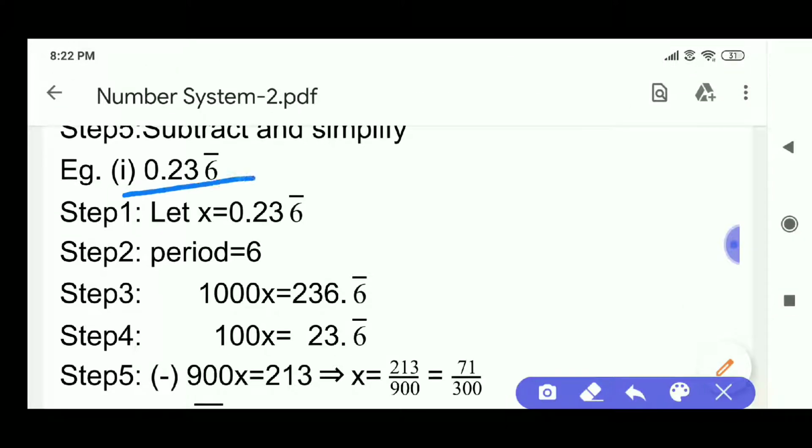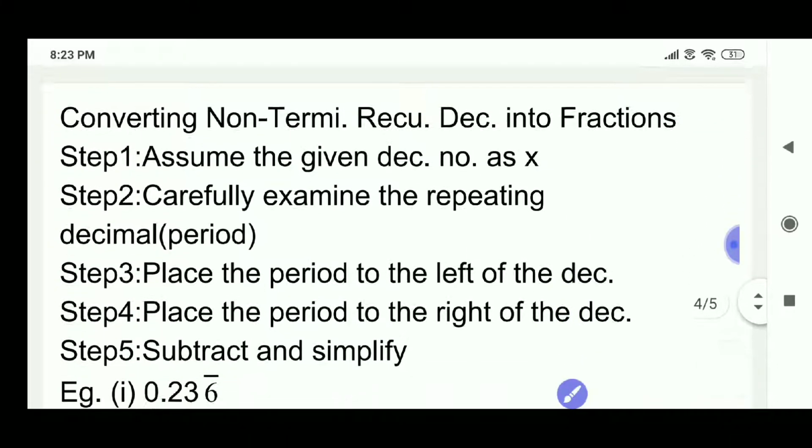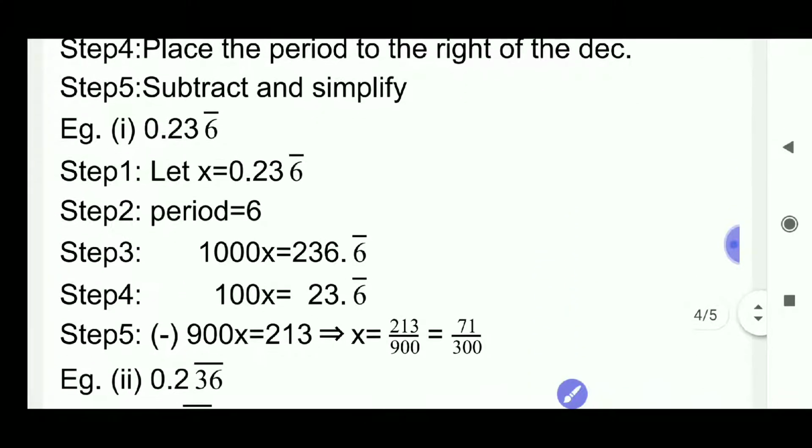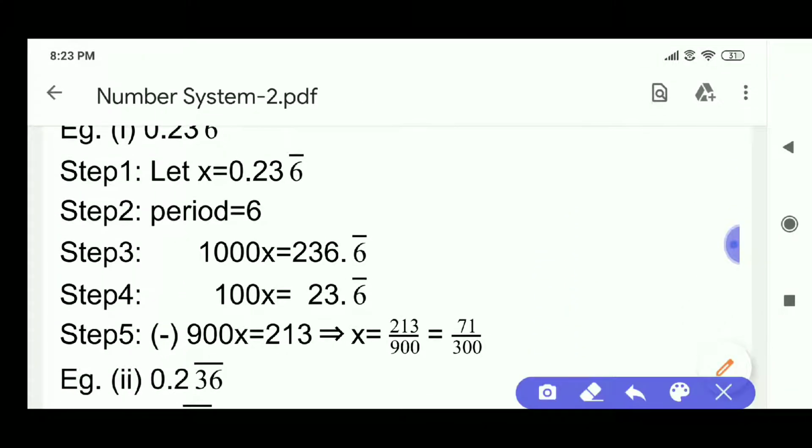Question is 0.236 with bar on 6. According to step number 1, assume it as some x. Here the period is 6. In step number 3, it is said to place the period to the left side of the decimal point. That means the decimal point should come to here.